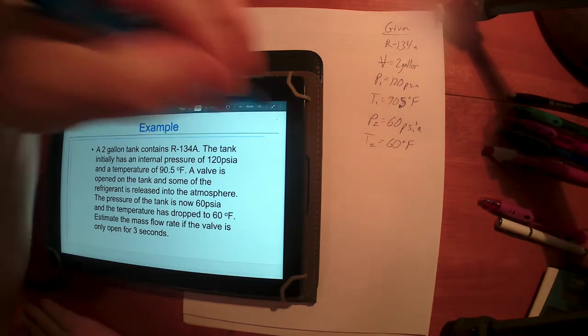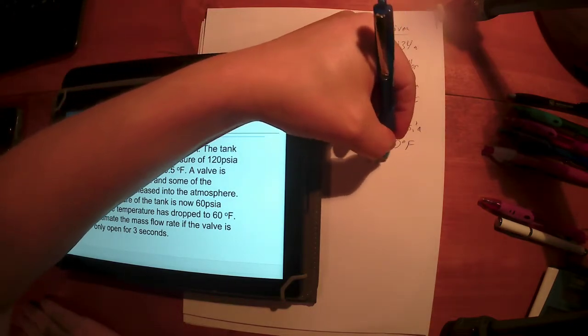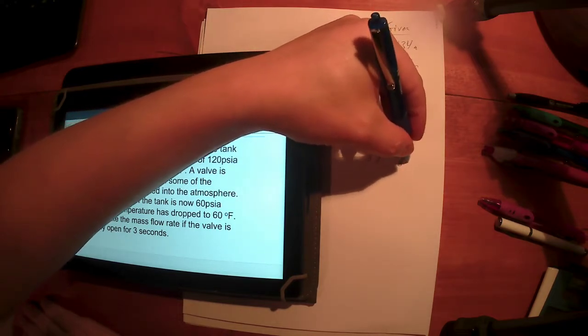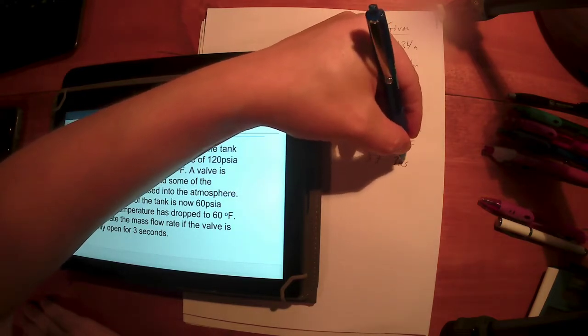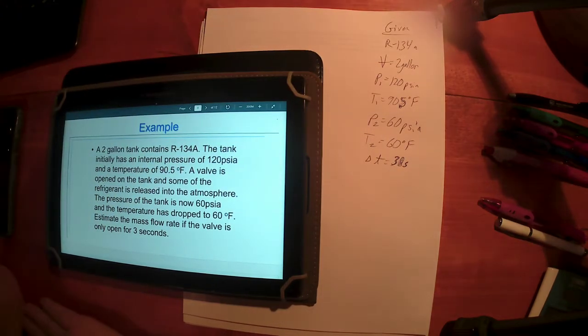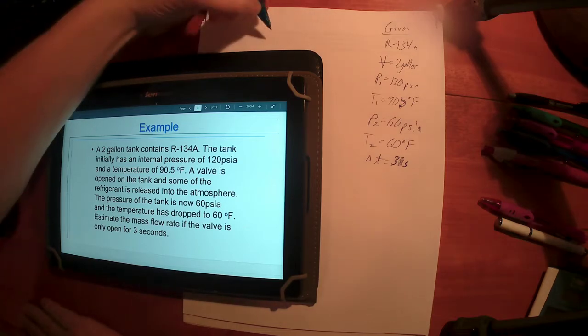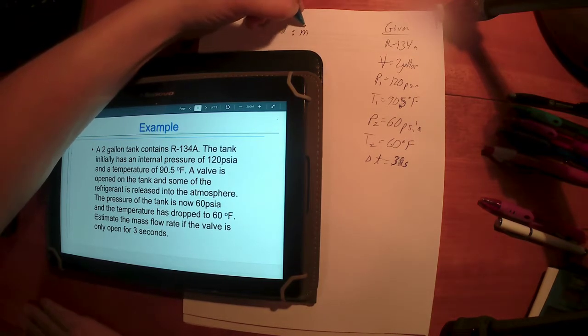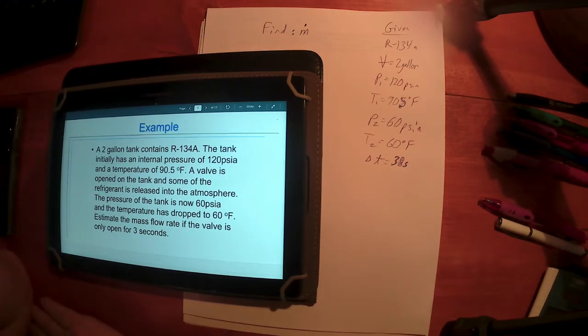We want to know, if this occurs within a very short period of time of 3 seconds, what are we looking for? Well, we want to find or estimate the mass flow rate that would occur.